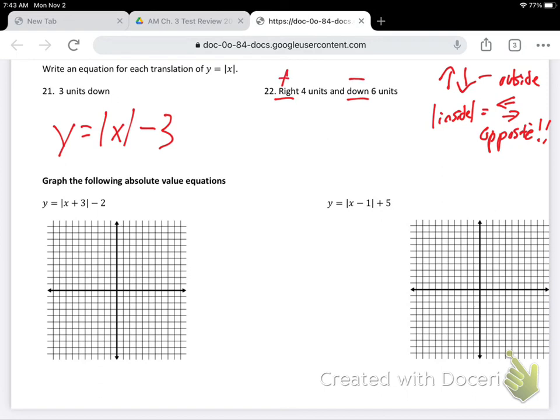And then if I want to go left or right, it's got to be on the inside. So it's going to be y is equal to |x|. And since it's right 4 units, I have to do the opposite of what a positive 4 would be. So I have to do x minus 4. And then if it's down 6 units, I'm going to keep that -6.